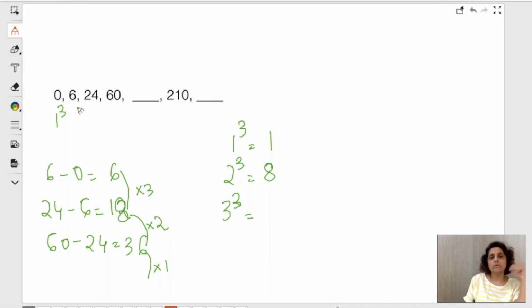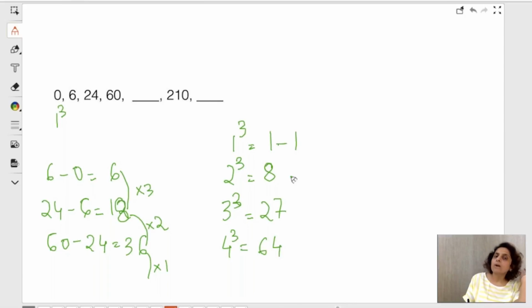The numbers here look closer to the cubes actually. 3 into 3 is 9, 9 into 3 is 27. Then the next number, 4 cube, is 4 into 4, 16, 16 into 4 is 64.